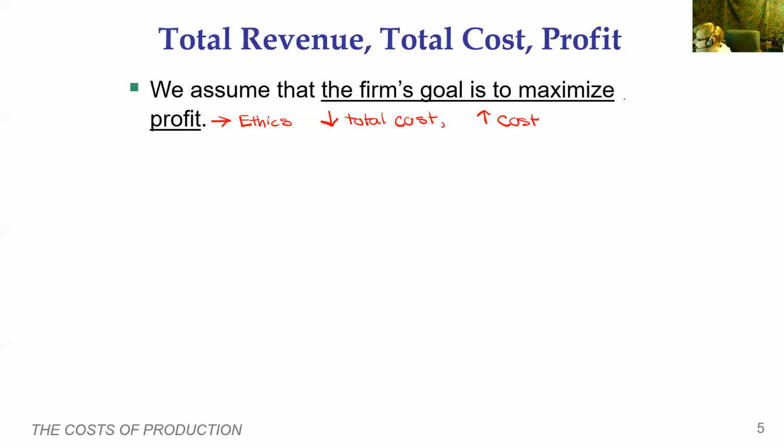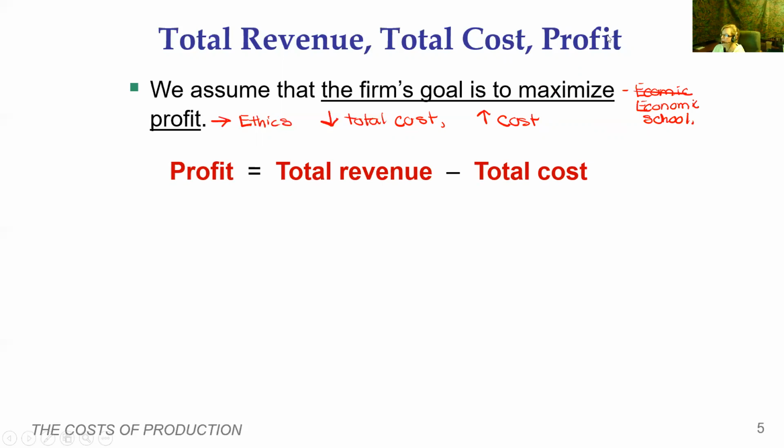So in the way we're approaching this, which is one of the economic schools, the goal is to maximize our profitability. This means that we want our total revenues to be the highest that they can possibly be, while having our total costs be the lowest that they can possibly be. Okay?